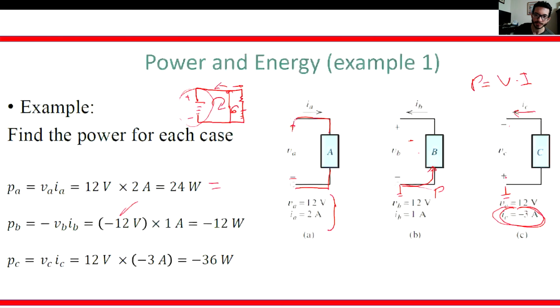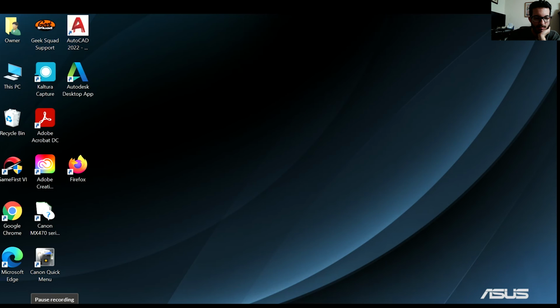And if you go from positive to negative in a potential, then you have a negative current. Once we have examples, it will be much easier to understand. For now, more than the signs and anything else, the important thing is to remember that the formula for power is voltage times current.